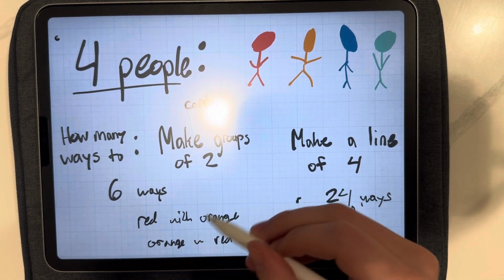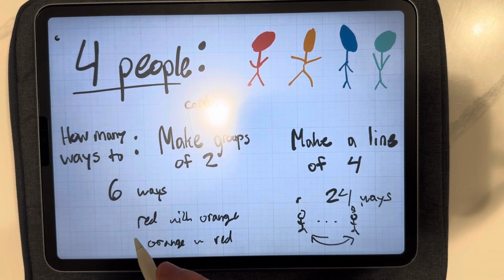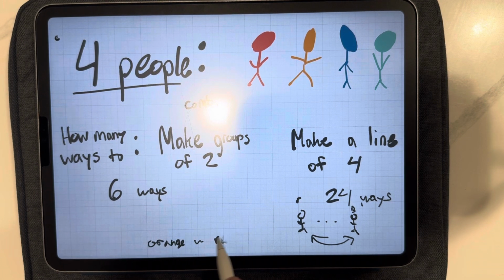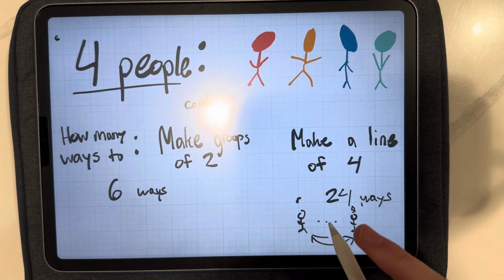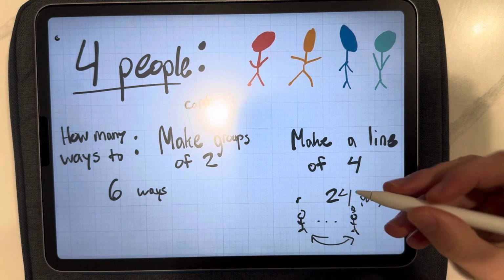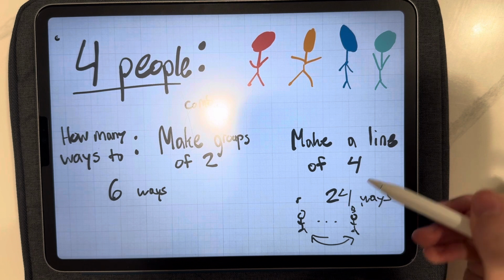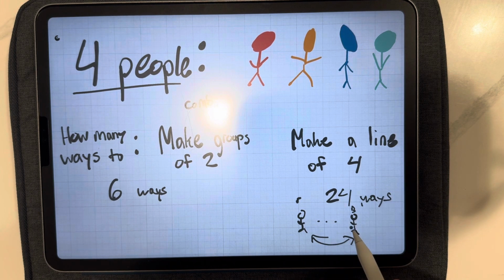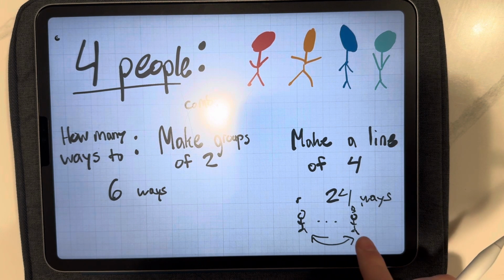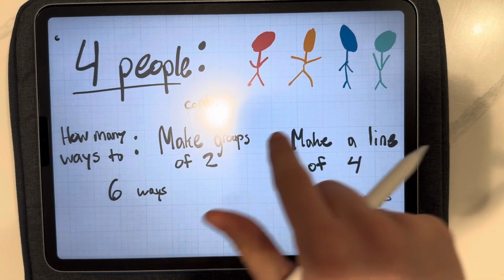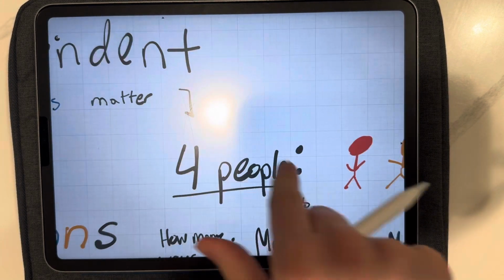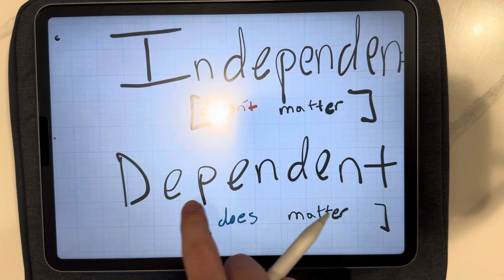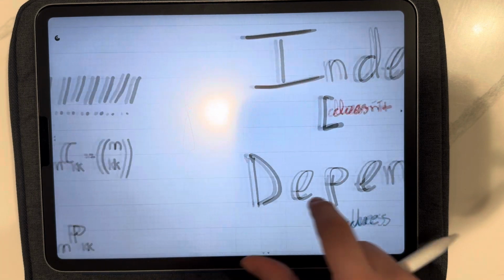These are the same groups. And so these are independent because it doesn't matter which one you choose first. So that's an independent situation. This is dependent because the way to make a line does change whether or not a person comes first or last. And you can make the same argument with the color questions that we did earlier. So those are independent and dependent.